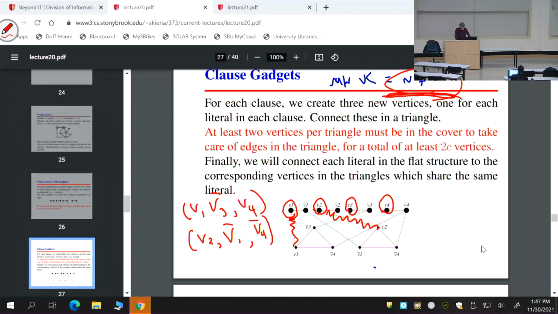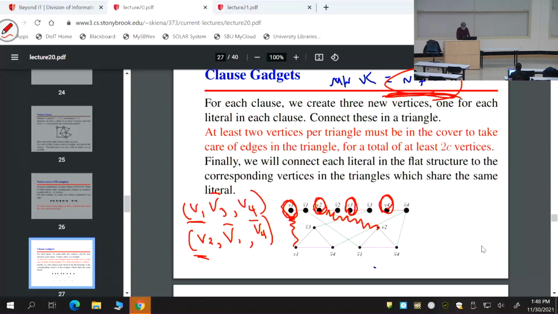Does everybody agree that V1 being true and V2 being true is a satisfying truth assignment? I've got a true in every clause. But what does that mean? That means that if I pick the vertices on top corresponding to that satisfying truth assignment, what do I know? I have covered at least one of the edges to every triangle. Right?